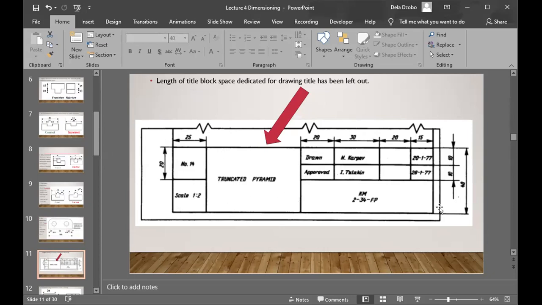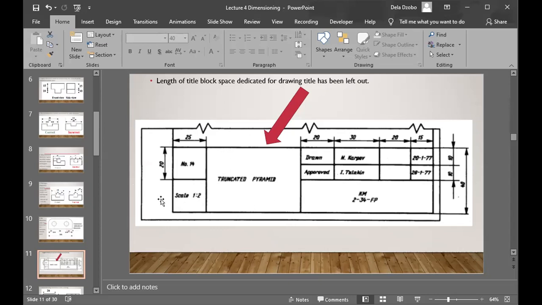So what you are doing is essentially taking measurements from this side of your borderline until you get here, then you go to the other side, because we already know that the length of the title block is 185 millimeters. So we know the end.